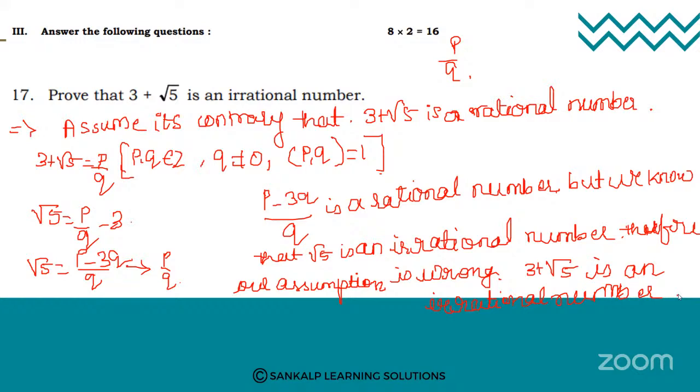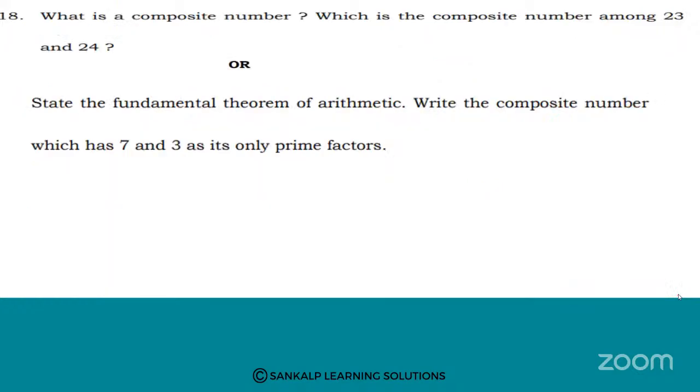Okay. Next. What is a composite number? Which is the composite number among 23 and 24? There are two types of numbers. Already I have discussed, that is, one is a prime number and another one is a composite number, right? So here they have asked about the composite number. What is a composite number?